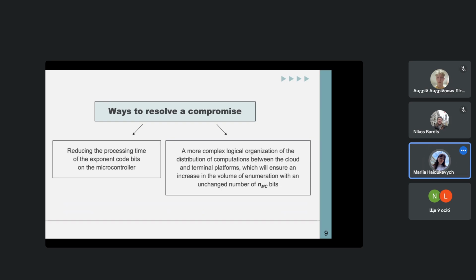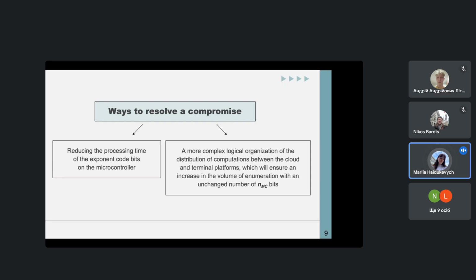This compromise can be resolved in two ways: by reducing the processing time on the microcontroller of a separate bit of the exponent code, and a more complex logical organization of the distribution of calculations between the cloud and terminal platforms, which will ensure an increase in the volume of enumeration with an unchanged number of n_MC bits.